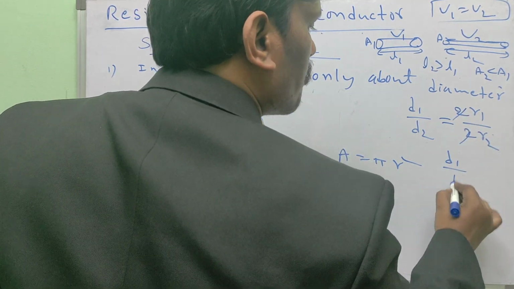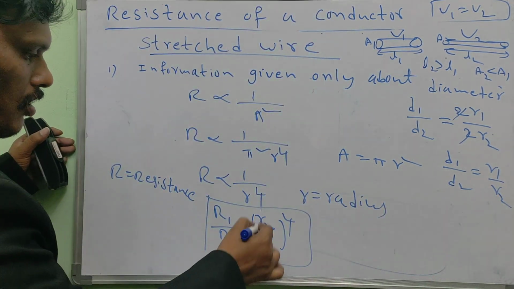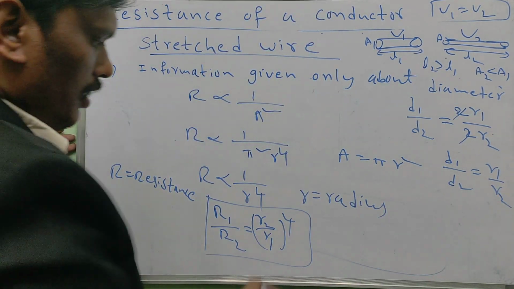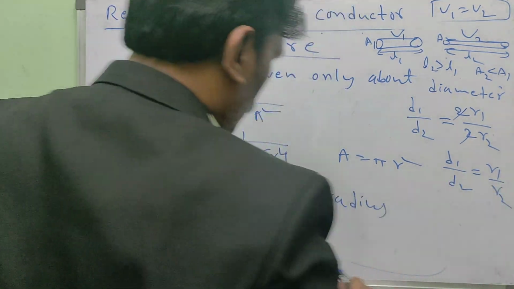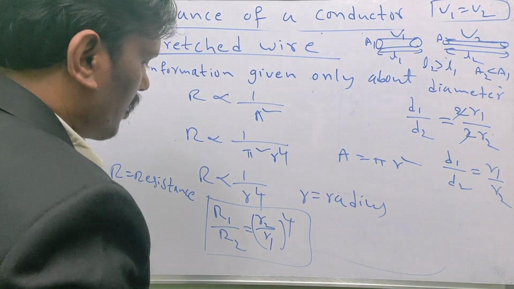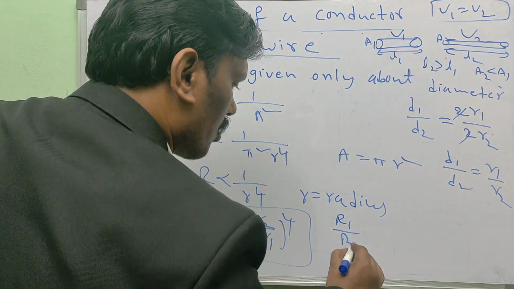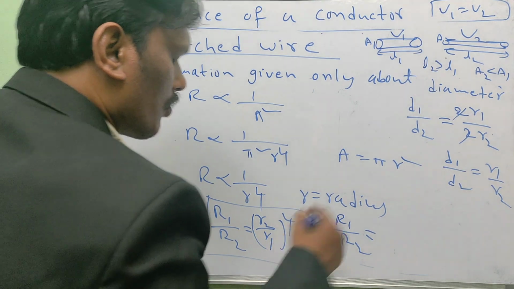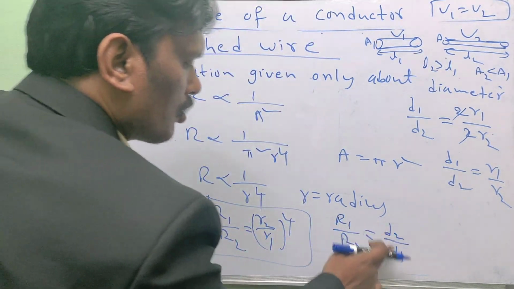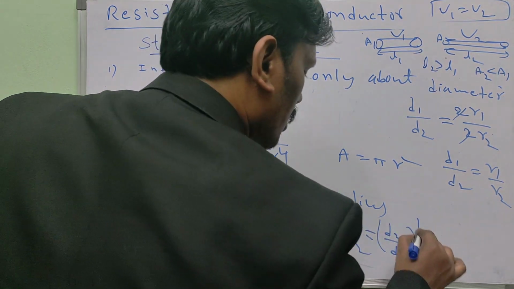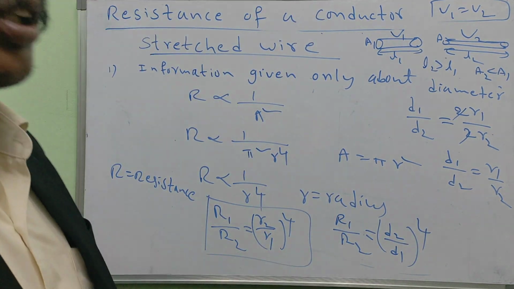That's why, my dear students, the diameter ratio and radius ratio are always the same. So in place of r2 by r1, replace d2 by d1. In terms of diameter, the formula is R1 upon R2 is equal to (d2 by d1) whole to the power of 4. If only the diameter is given, use this formula to solve the problem.